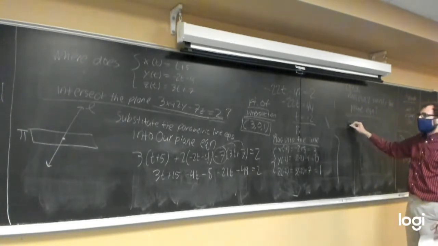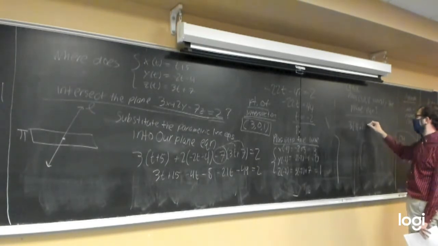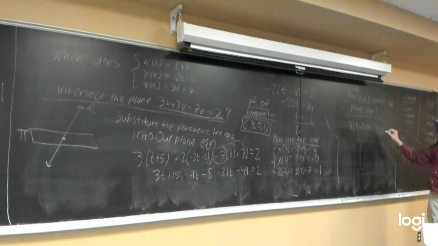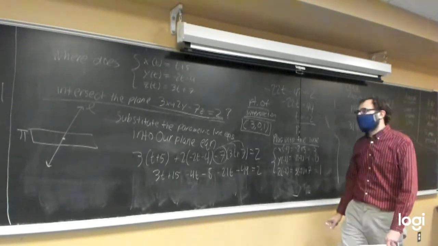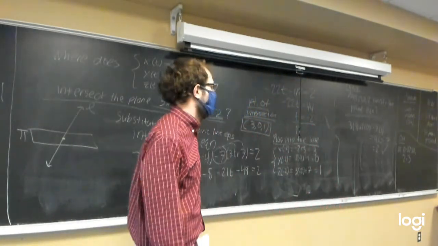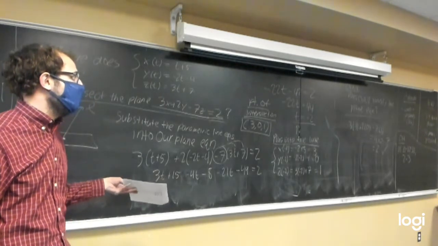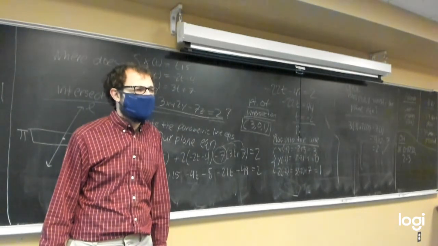Well, if we were to take 3 times our x-coordinate 3 plus 2 times our y-coordinate 0 minus 7 times our z-coordinate 1, do we get 2? We're going to get 9 plus 0 minus 7. We do, in fact, get 2. So it does satisfy the equation 3x plus 2y minus 7z is equal to 2. So 3, 0, 1 is, in fact, a point both on our line and on our plane. Neato mosquito.